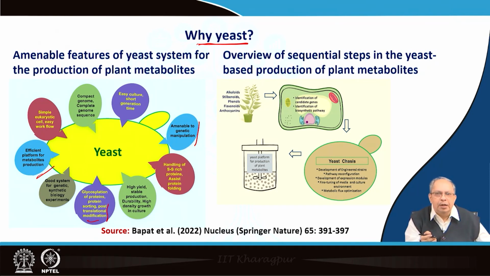What I said at the beginning of the class, when we talked about metabolic engineering strategies, is that yes, it is possible to put a single gene in yeast, grow the yeast cell and then feed it with the substrate, and it produces the product. Or you can take only a few genes and make an operon, though operon is maybe a prokaryotic word.